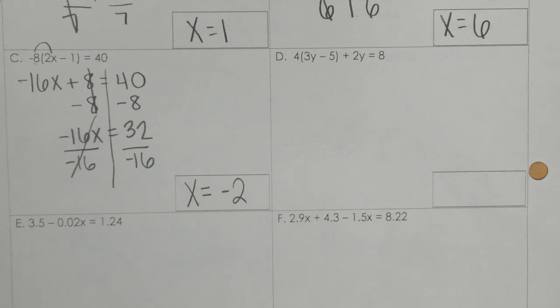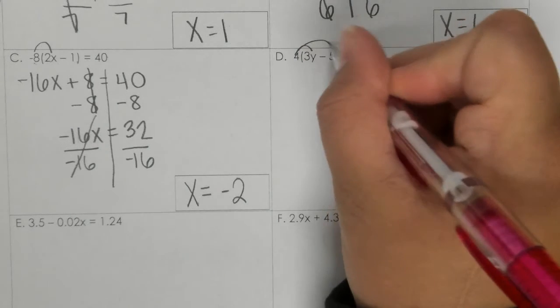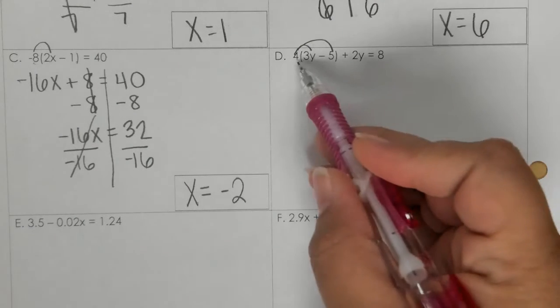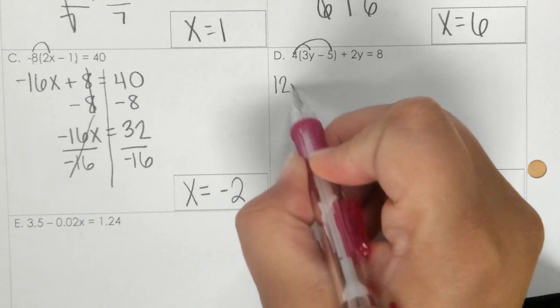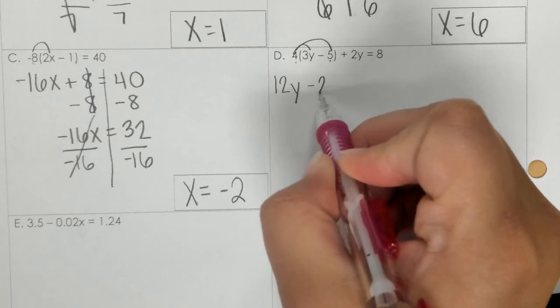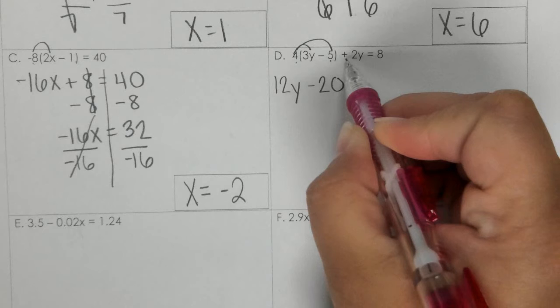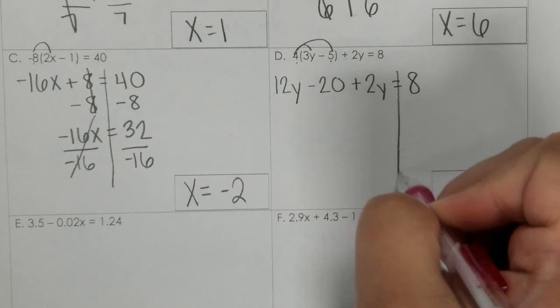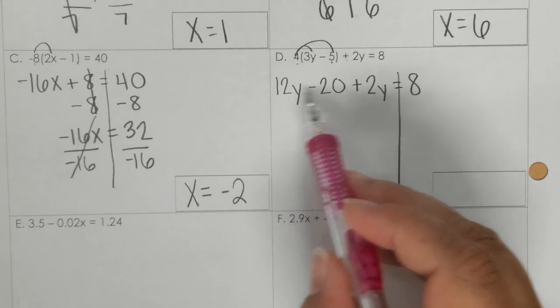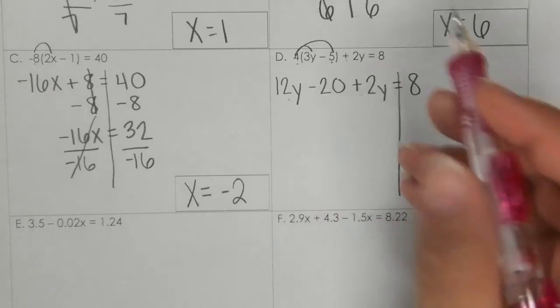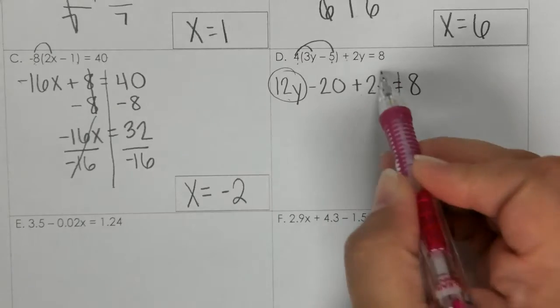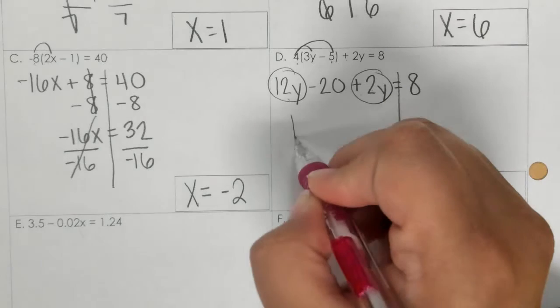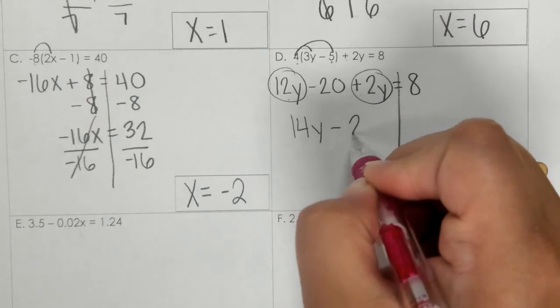Okay, so in number 4, we distribute only to the parentheses, so 12y, negative 20. Then bring down our 2y and 8. But now we see that we have y's on the same side, so we do need to combine those and get 14y.